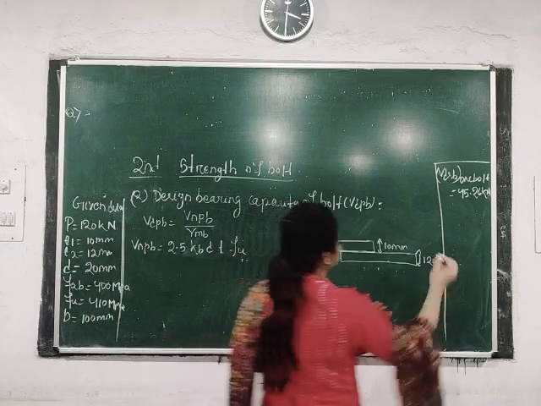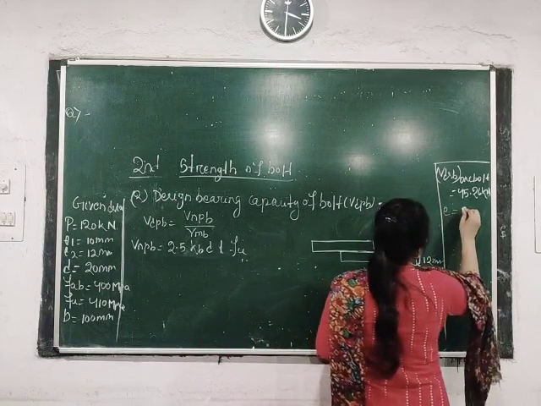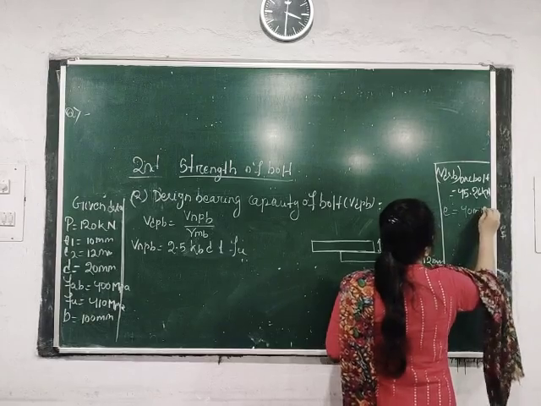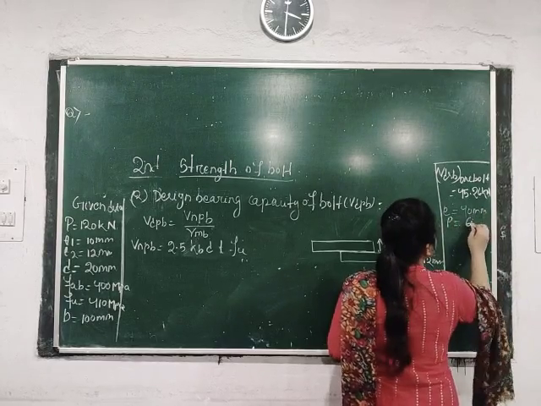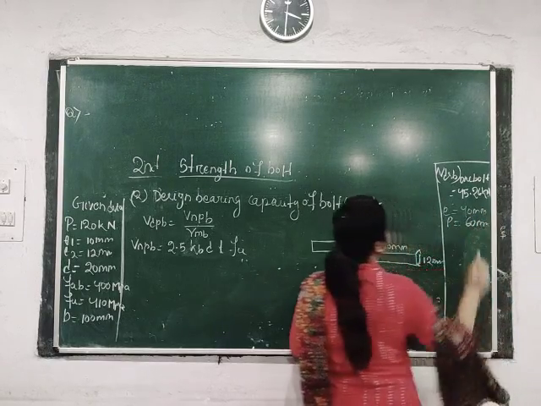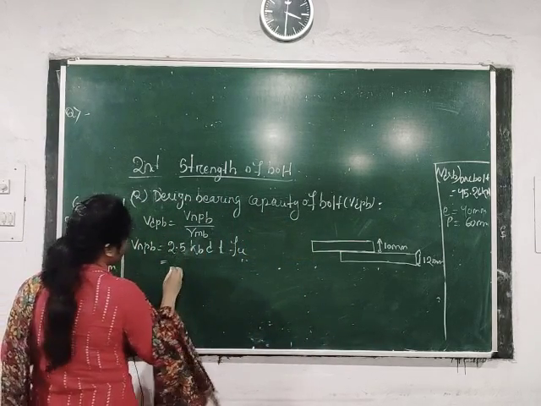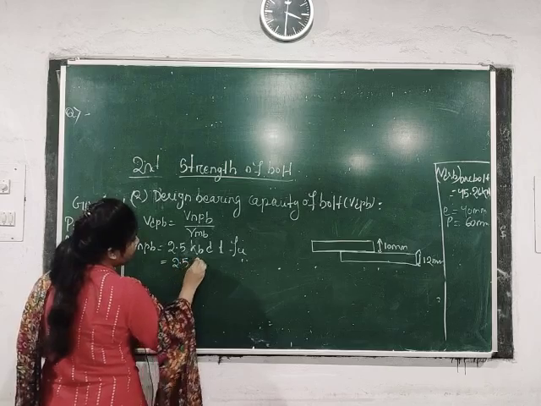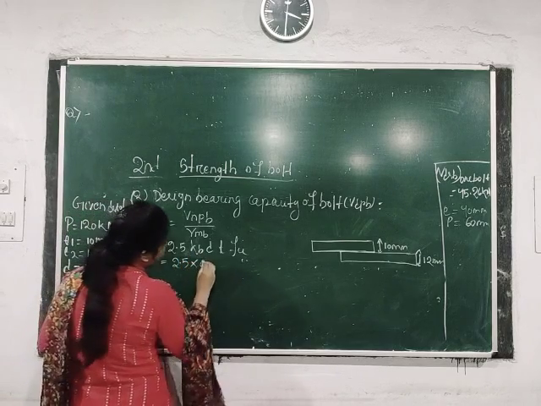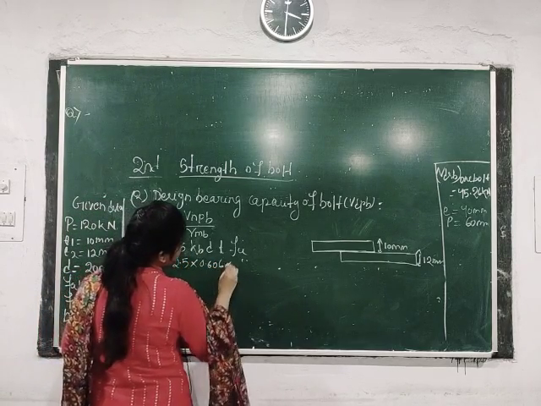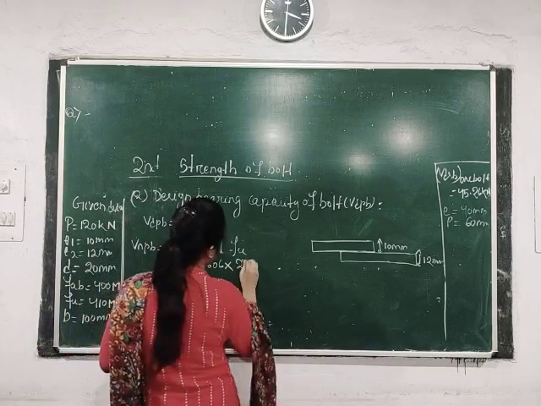So here we are taking the end distance as 40 mm and pitch distance as 60 mm. Okay, so put the values here: 2.5 times kb, which is 0.606, then the bolt diameter, 20 mm.